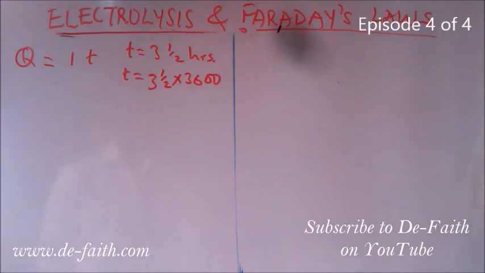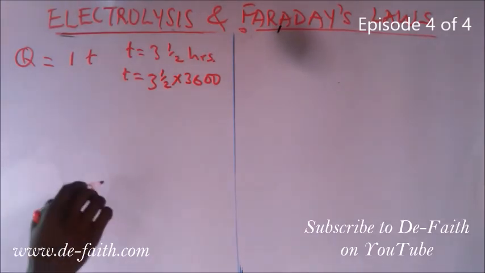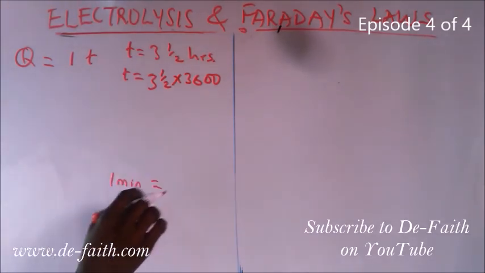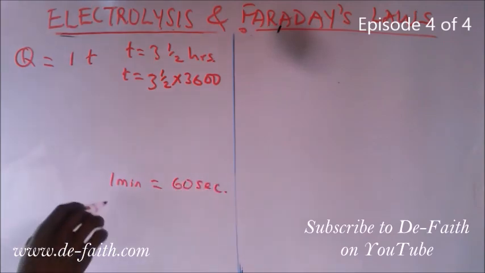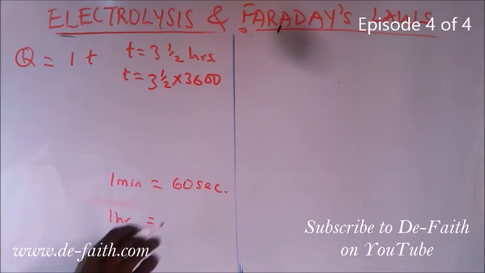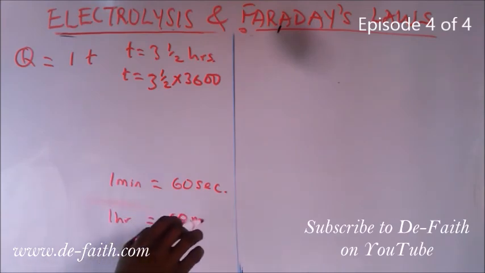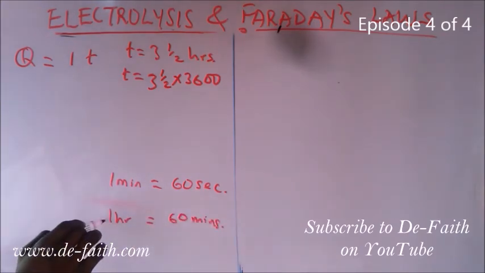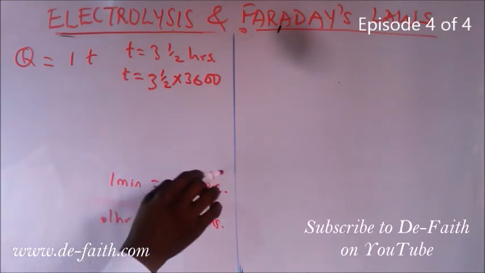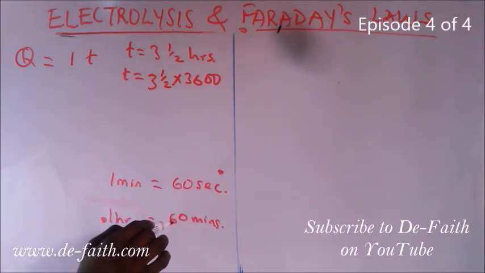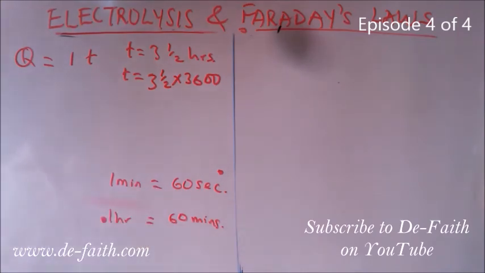In case you are asking how we are getting the 3,600, changing 1 minute to seconds is 60 seconds, and changing 1 hour to minutes is 60 minutes. Hence, changing from 1 hour to seconds is multiplying by 60 and 60, and that is 3,600.